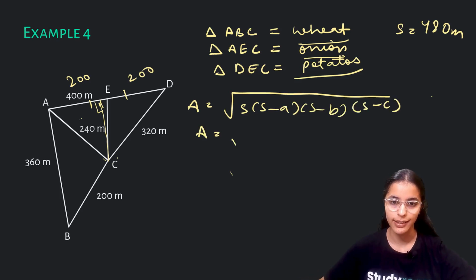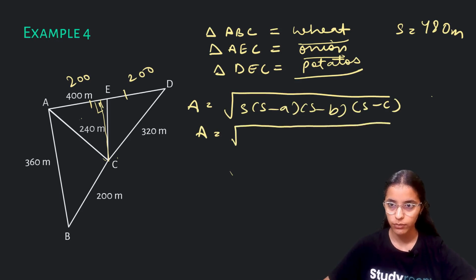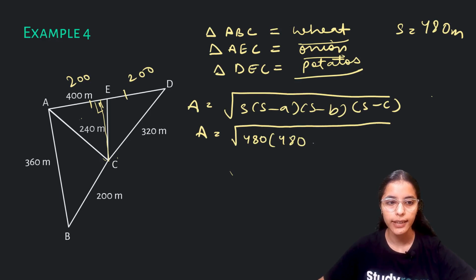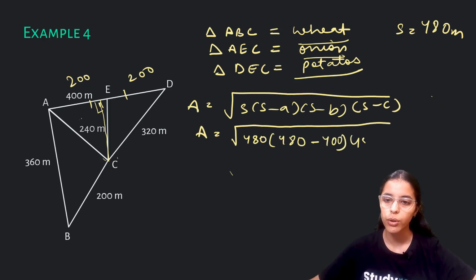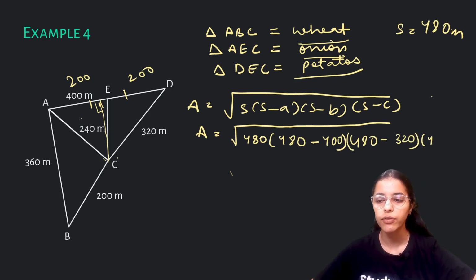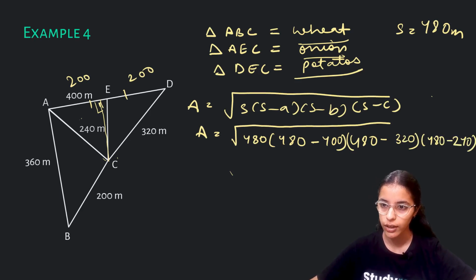So area is equal to 480 minus A, which is 400, 480 minus B, which is 320, and 480 minus C, which is 240.